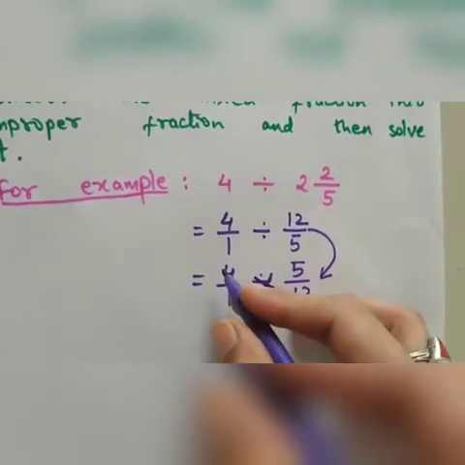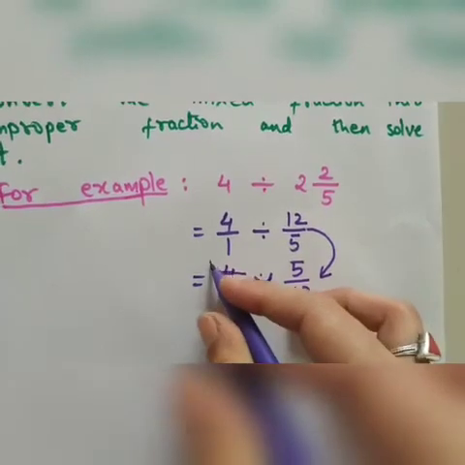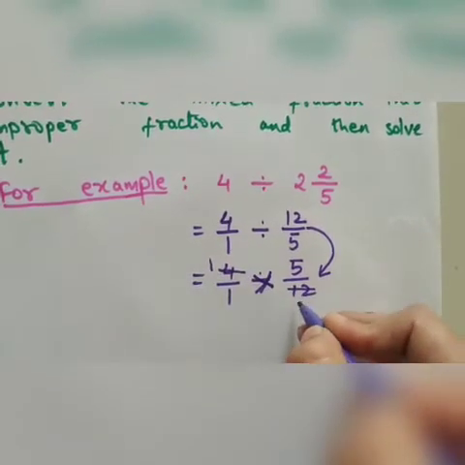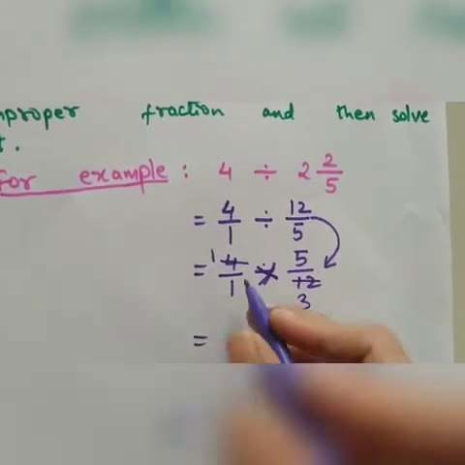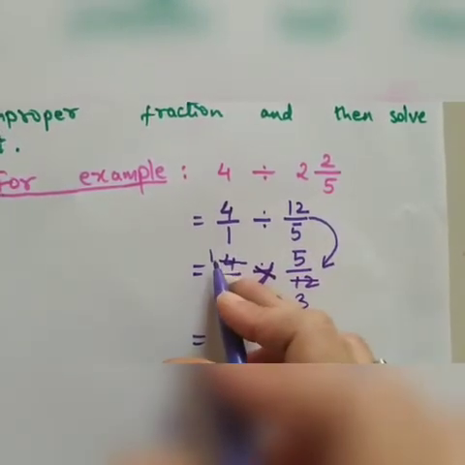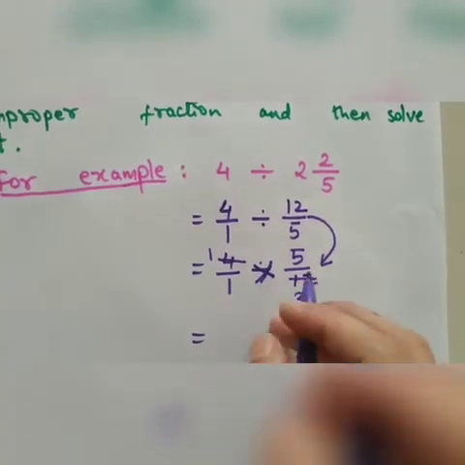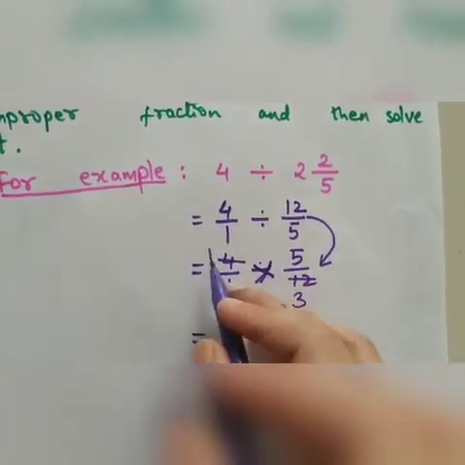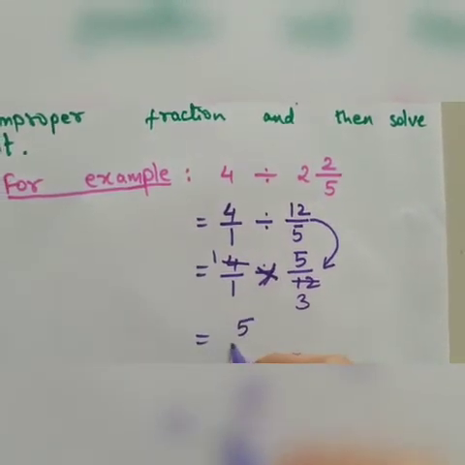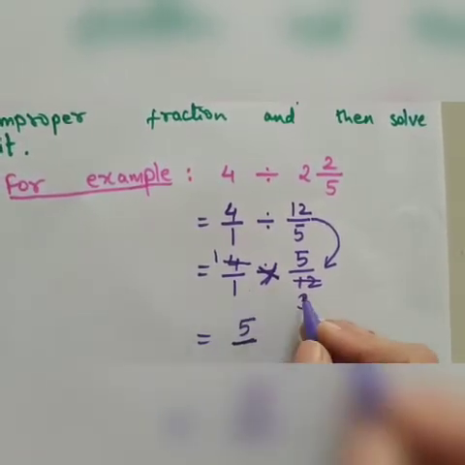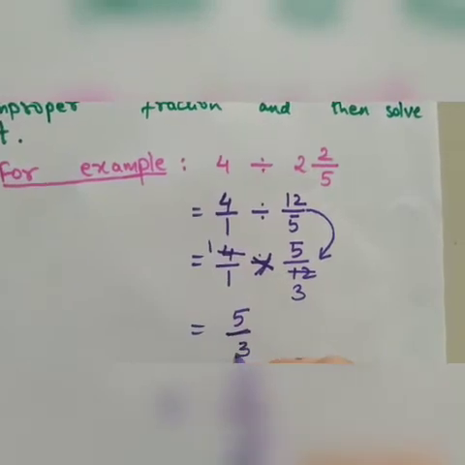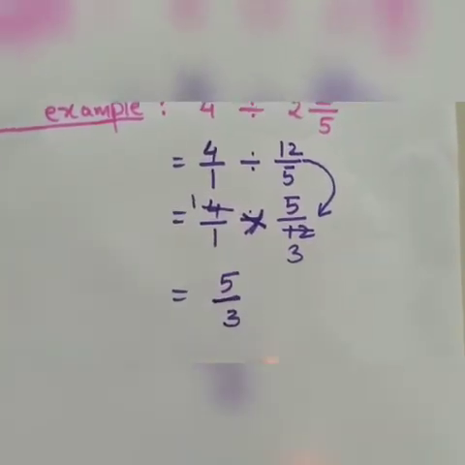Here 4 1s are 4, 4 3s are 12. Okay. So now we have to multiply this by applying the multiplication rule. Product of numerator 1 into 5, 5, divided by product of denominator 1 into 3, 3. So this is the answer.